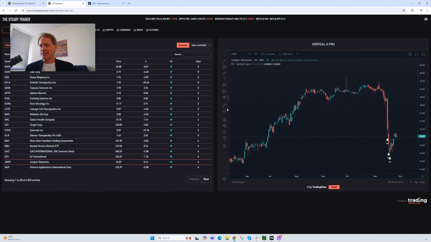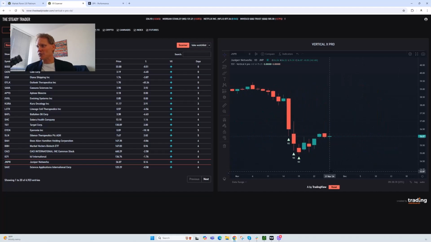This is a stock that had a very, very sharp 10% drop over the course of a couple of weeks, and then we got very, very oversold. And we ended up getting a buy signal on the 20th of November, and sure enough, the stock started to bounce. Or even something like Target, which got very oversold on a very near-term basis, and then started to bounce.